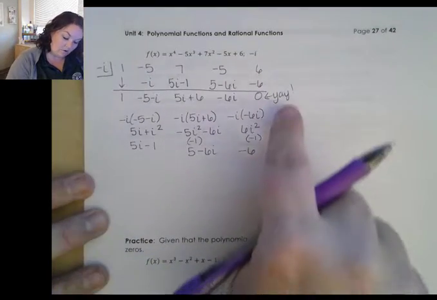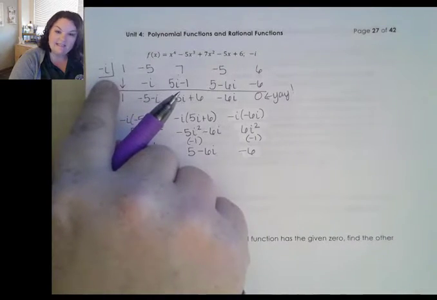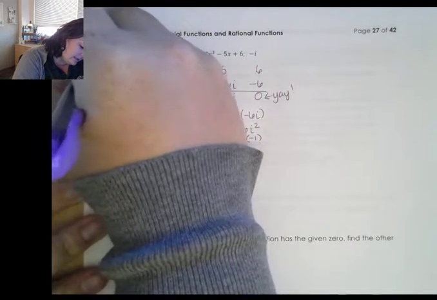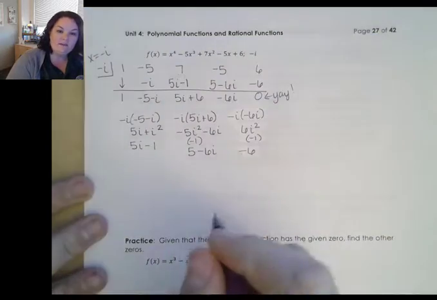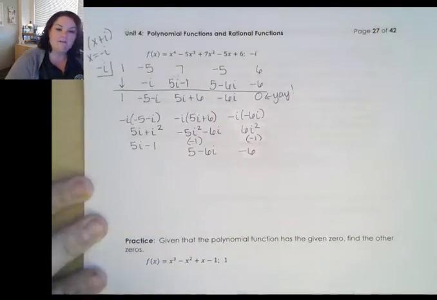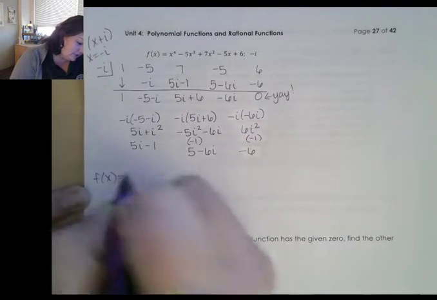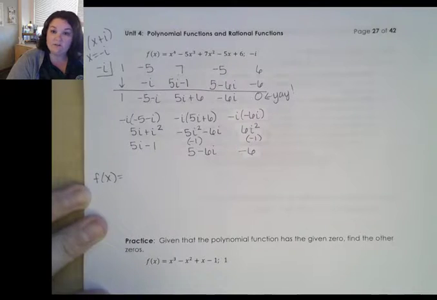Okay, so what we have found is that if this is a 0, right, if we're ending up with x equals negative i, then we've also found a factor, which would be x plus i, right? So we can now write our function just a little bit more factored than we did before.